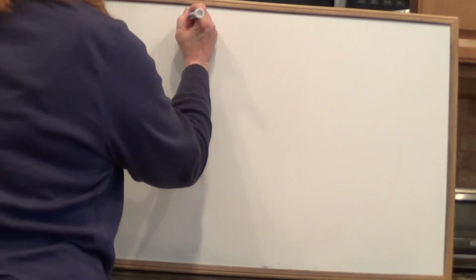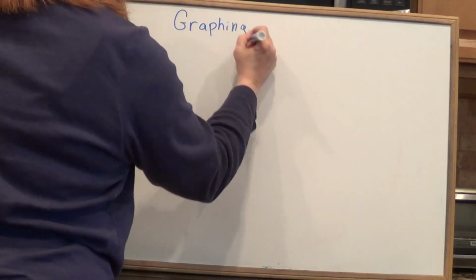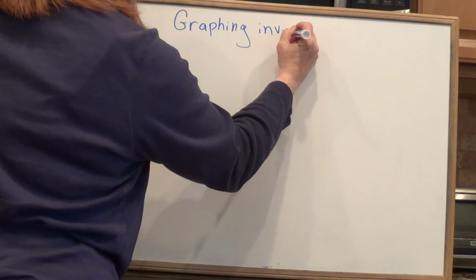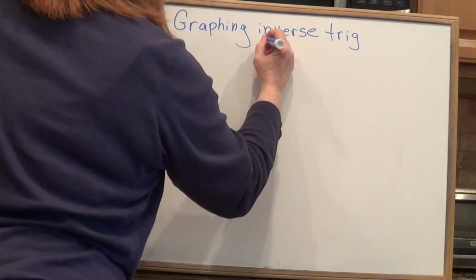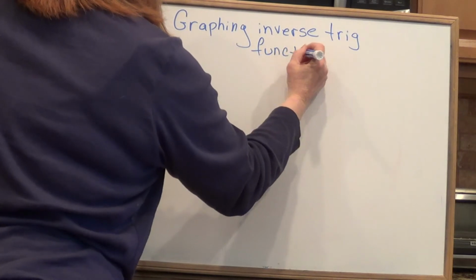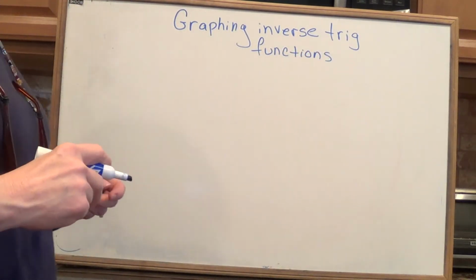So let's go on to our new topic for today, and it is graphing inverse trig functions. I'm going to lead the class to find 3 of those. The arc sine, which is sometimes called the inverse sine.